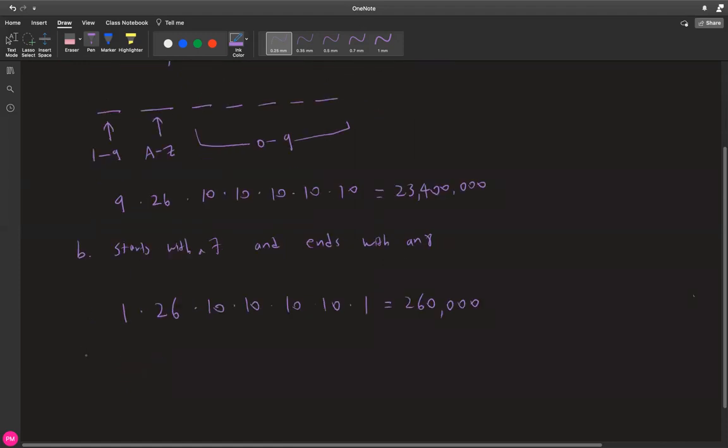Let's look at one last case for this scenario. What if it has no repeated symbols? Meaning that no numbers or letters can repeat.